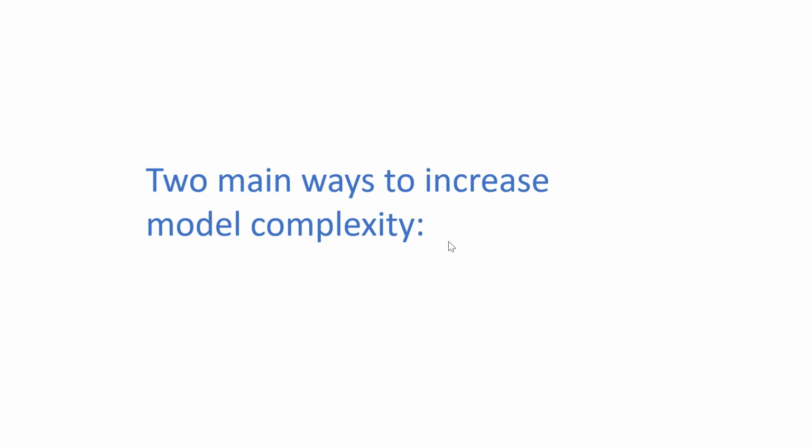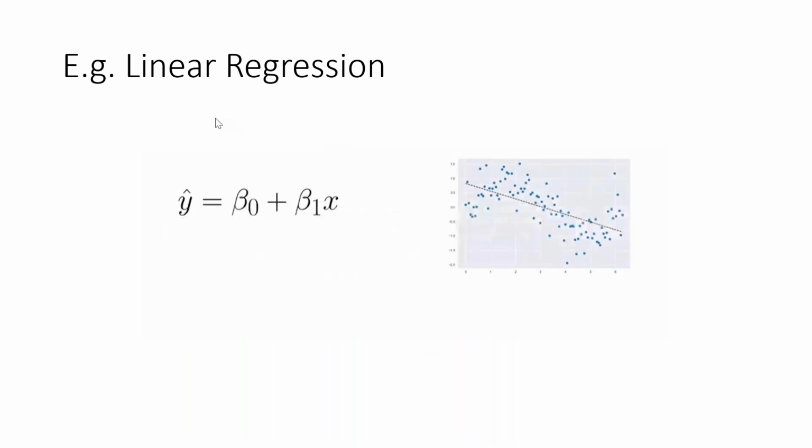So how do I increase the complexity of a model? In our toy project, first we used a simple linear regression, but to increase complexity we added more features into the table.